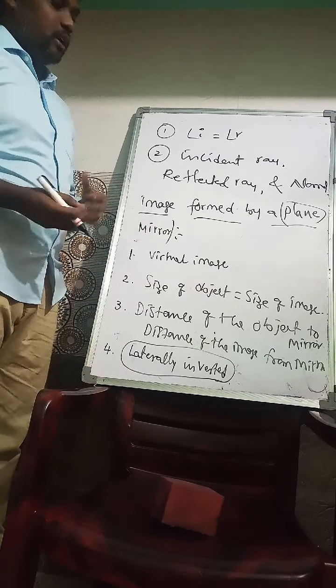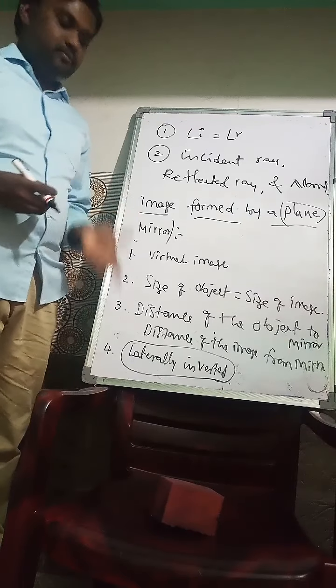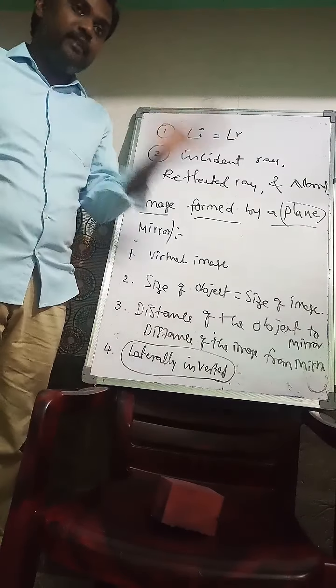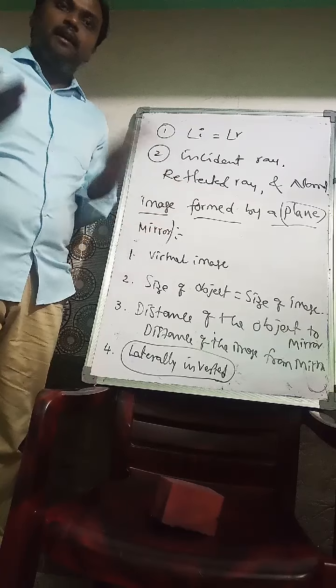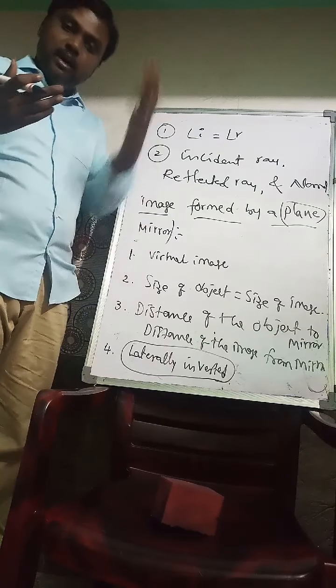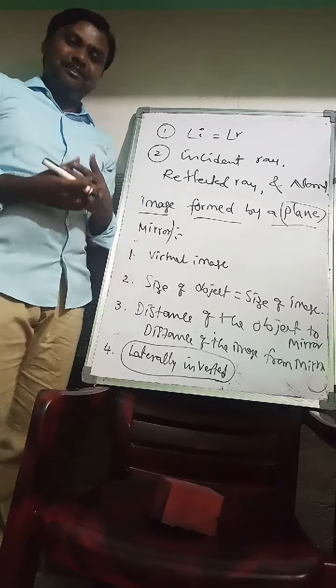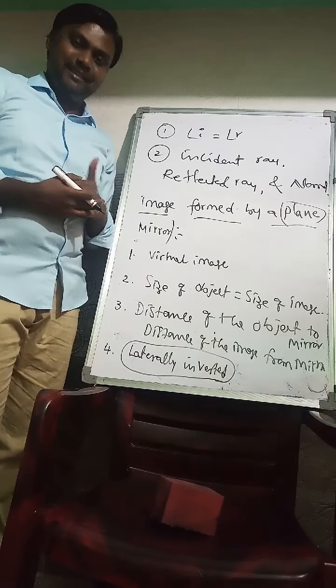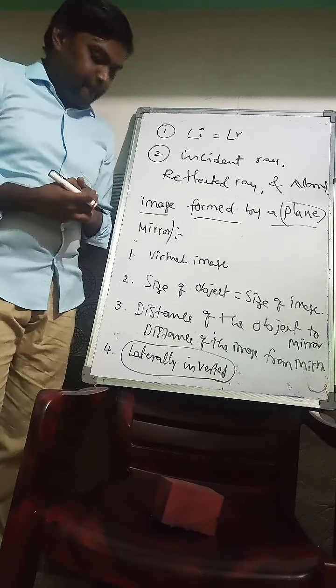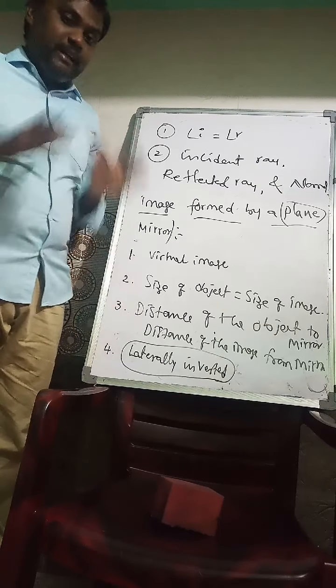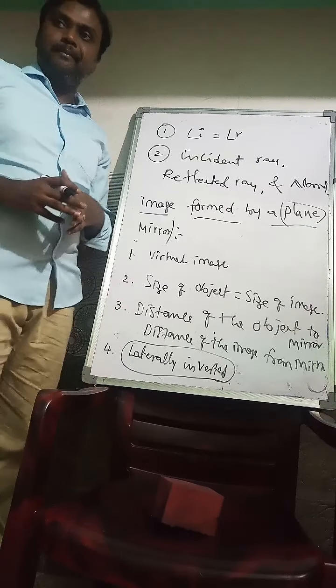Generally we can also talk about a completely inverted image. Completely inverted means upside down, that means our head comes down and legs go up. Imagine your situation if that were the case. That is not completely inverted; this is laterally inverted.